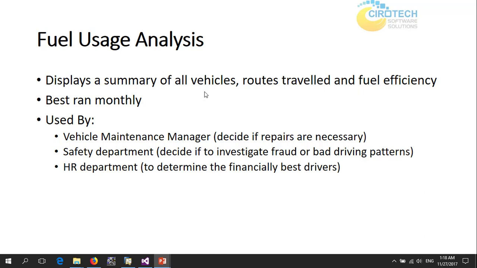Now, this report gives you an indication of whether you need to investigate further the fuel consumption of specific vehicles, and can be for any reason, such as repairs needing to be made to the fuel system, to the fuel line of the vehicle, or used by the safety department to investigate fraud or bad driving patterns.